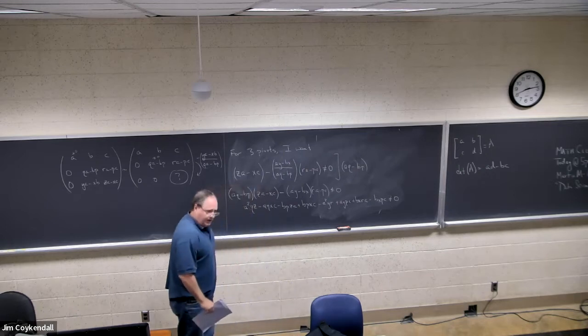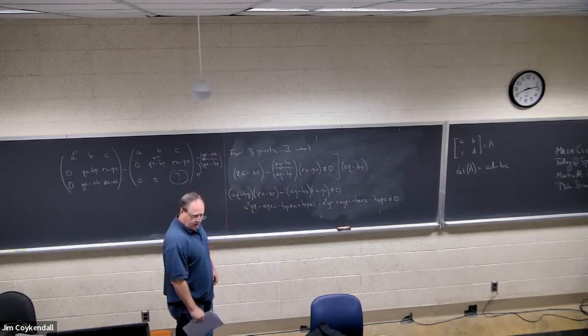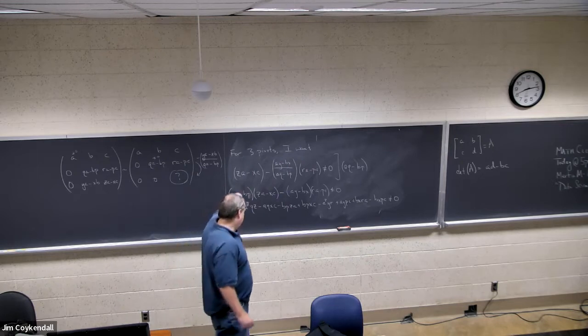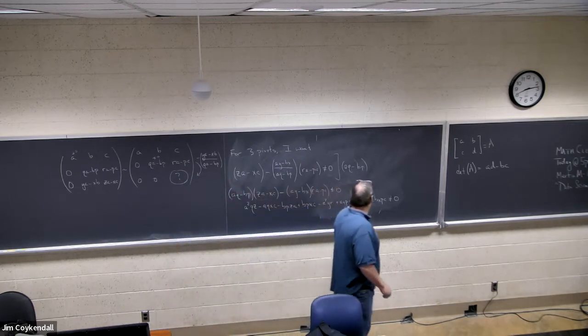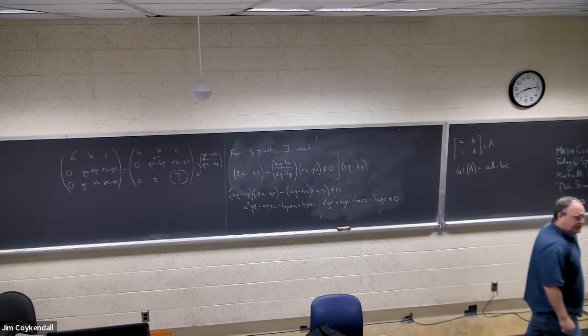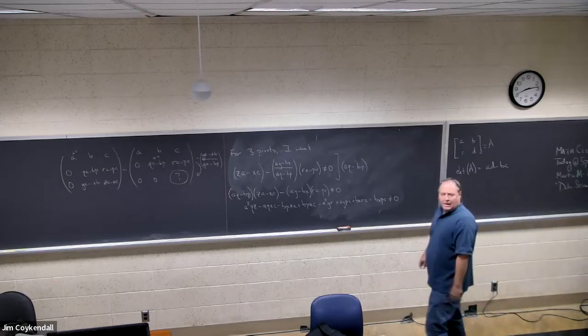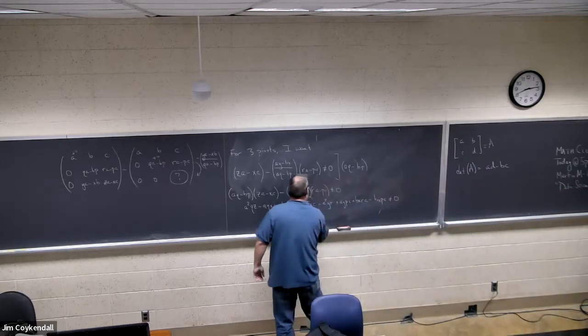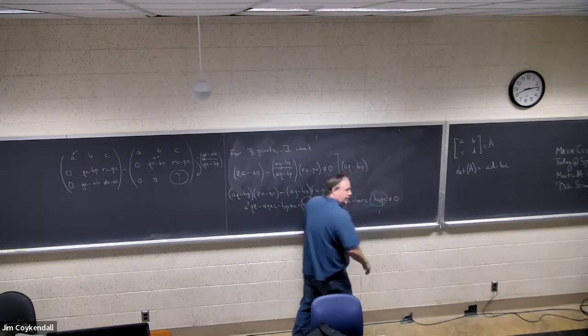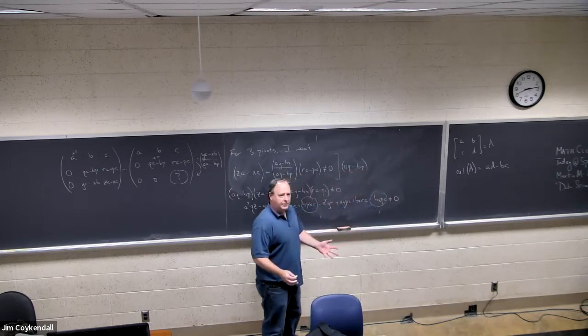Anybody see anything that we can do? This is horrible. I got 2, 4, 6, 8 terms. Anybody see anything? Yeah. Very astute. These two kill each other, right? So it's a little easier now.